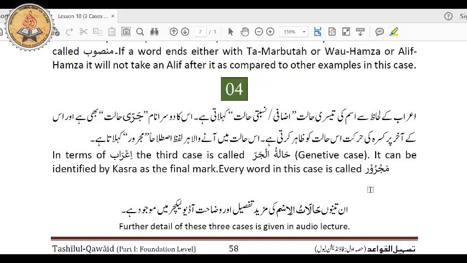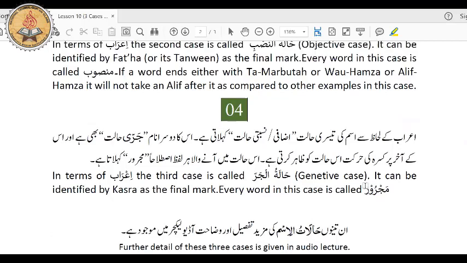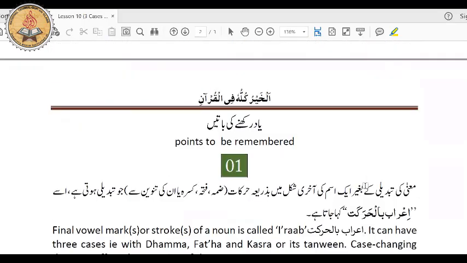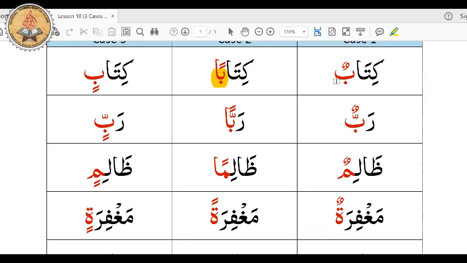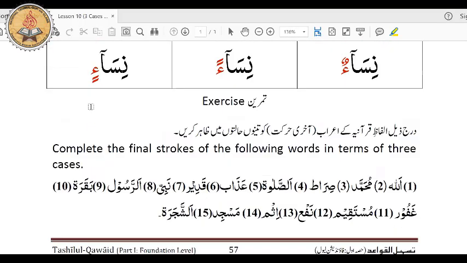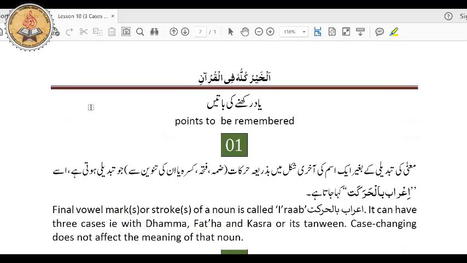So that is marfu, mansub, and majroor. If I am talking about kitabun, this is in a marfu position, kitaban is mansub, and kitabin is majroor. This is quite technical, but not to worry, inshallah you will learn.